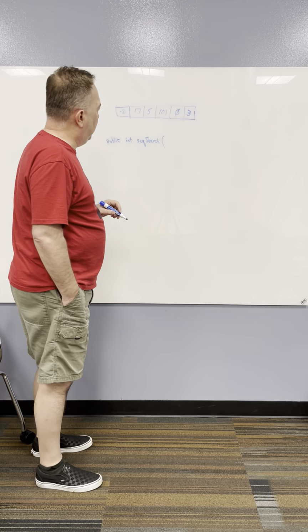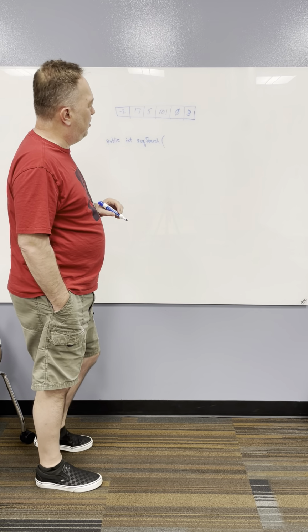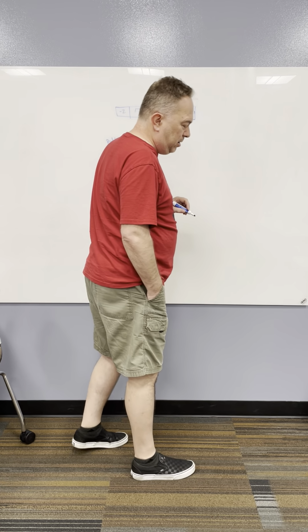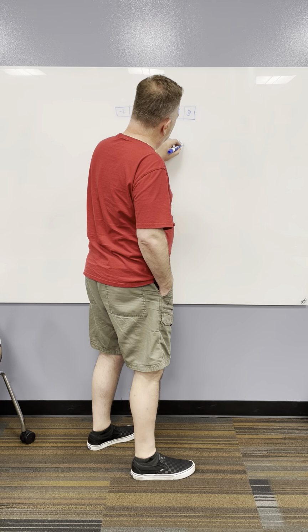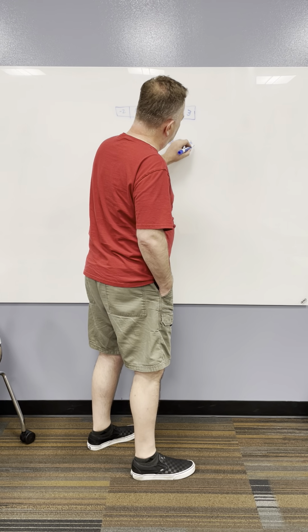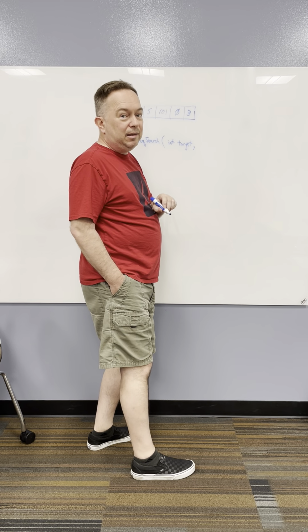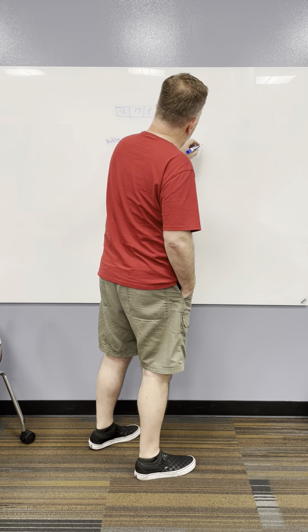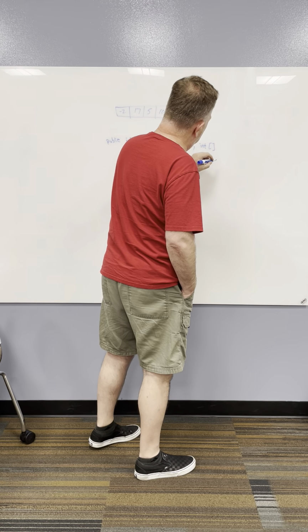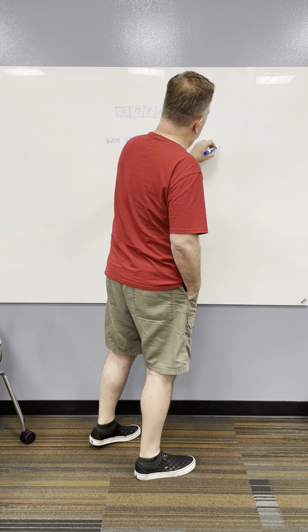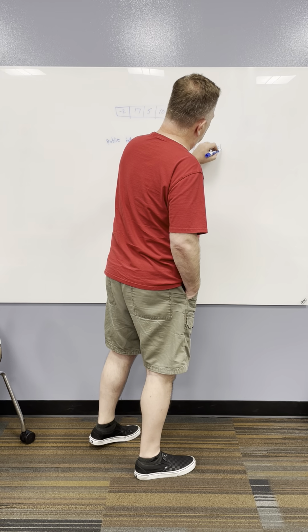Okay? And what this is going to do, let's see what are we going to have. We're going to first start with the int target. That's what we want to find. And then we're going to pass in the array. So then we're going to say int stuff.